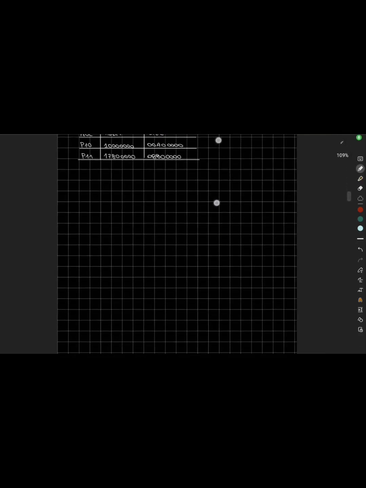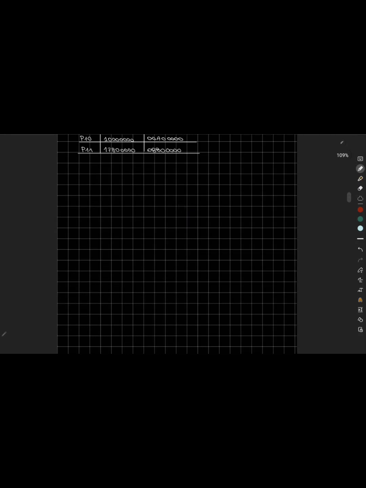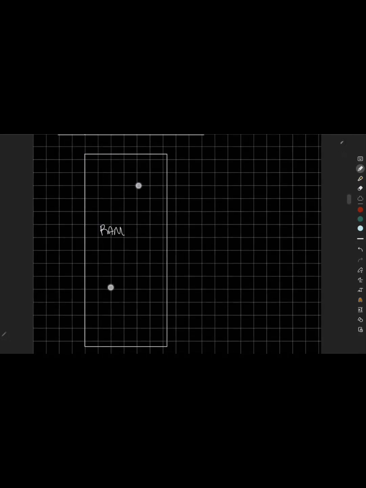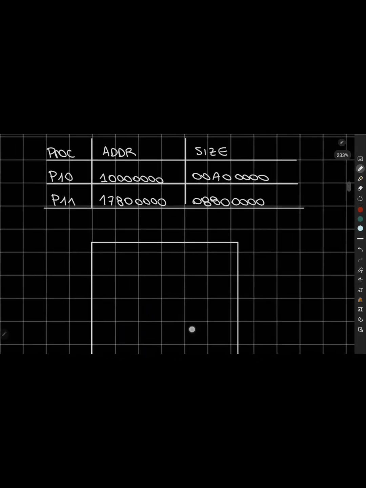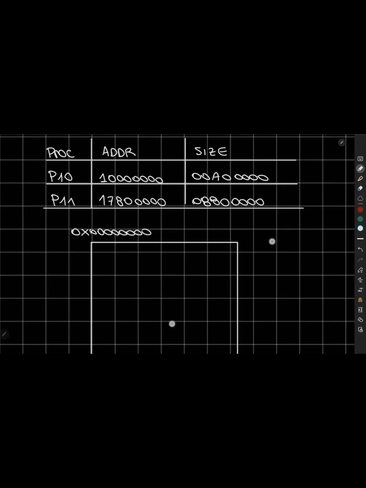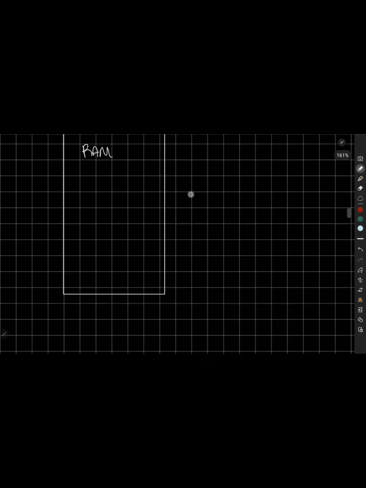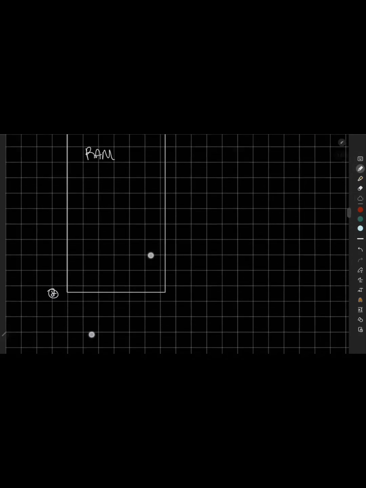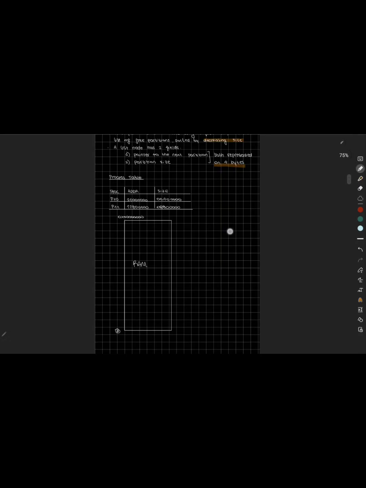So let's represent our RAM as a block like this. This is our RAM, where we have a starting address of 0. So I will write 8 zeros because the representation is on 4 bytes. And we would like to know the very last address of our RAM.